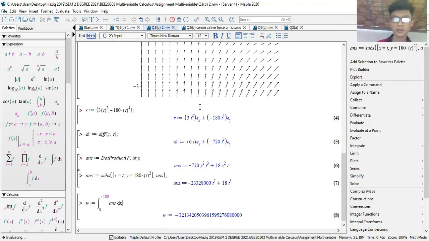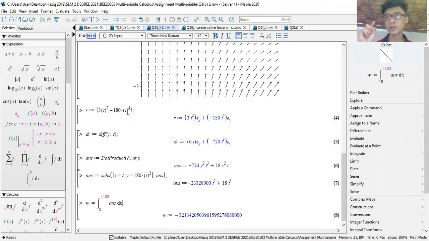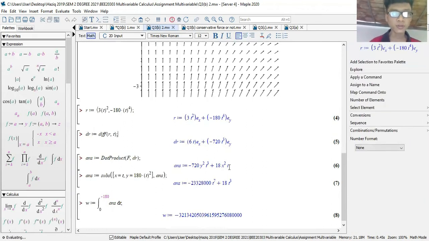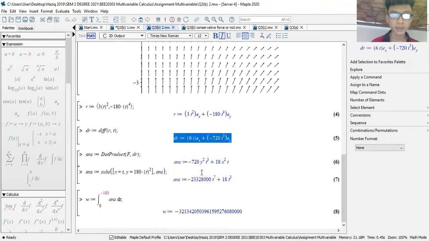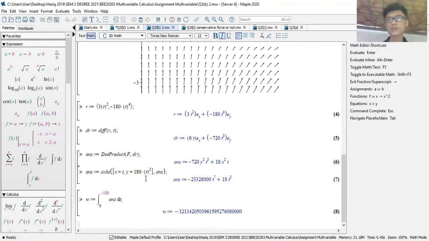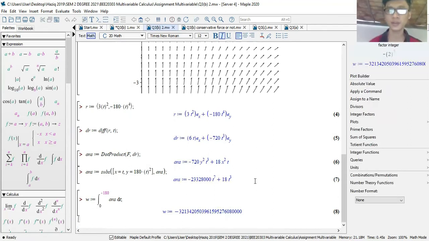So the difference is over here. It's now t square, but now becomes t to the power of 4. Differentiate, and you will get this derivative of r and the dot product, substituting 180t square with x equal to t, and finally the work done we will get is negative 3213 times 10 to the power of 10. So that is the work done.